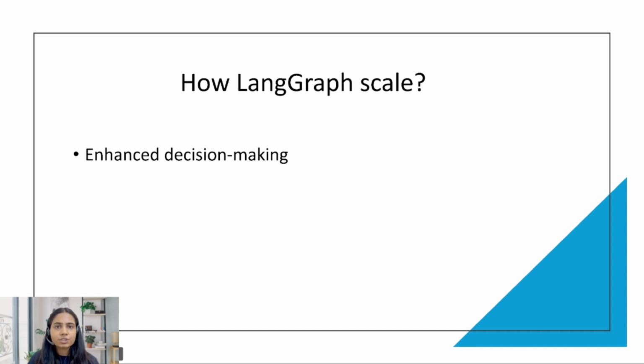Then enhanced decision making. The relationship between the nodes will help the AI agents learn from past actions and feedback. If there is no relationship between two nodes, we cannot get the data from the past node, because there is no relationship between node A and node B. So we have to make a relationship between node A and node B, so whatever decision comes from node A, we can get it in node B. So node A's output is the input for node B, right?